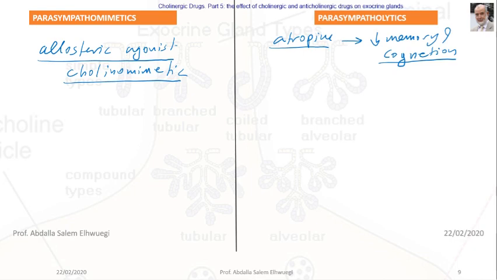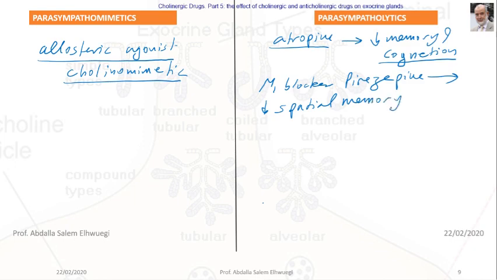But there are many studies in animals, like one study which proved that an M1 blocker, like pirenzepine, will decrease spatial memory of space in animals. Of course, as I have said, this is an animal study and does not prove that anticholinergics can decrease memory in humans.